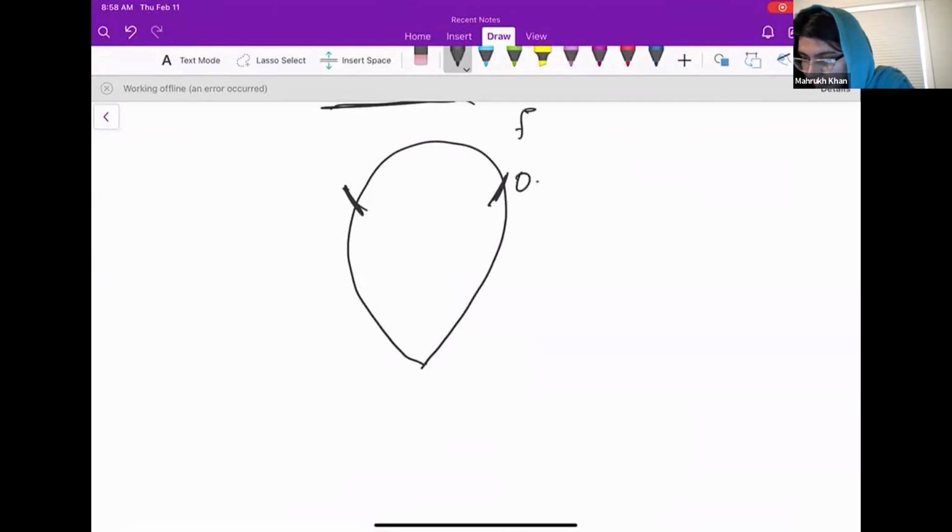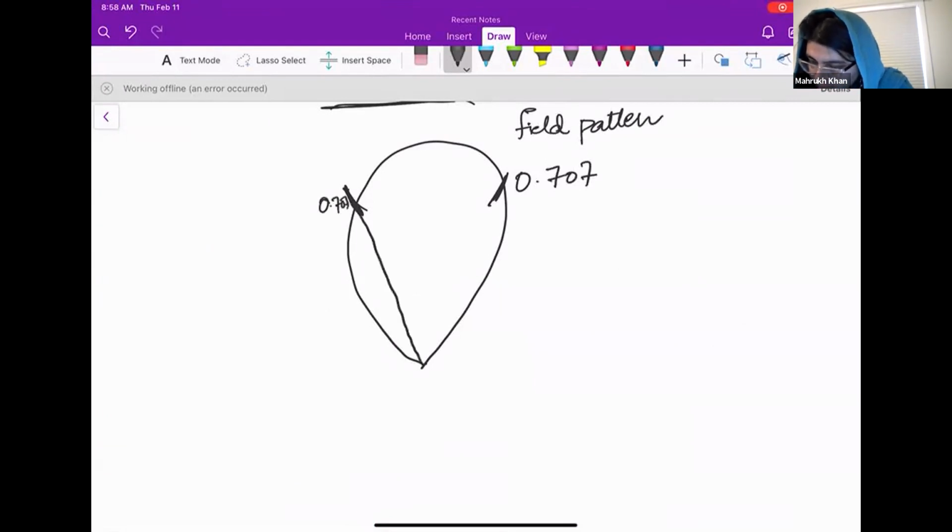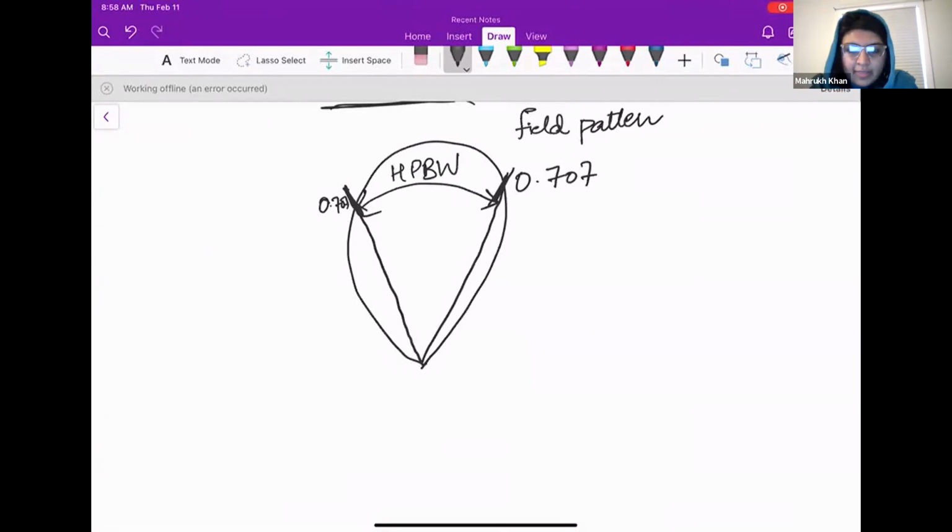In the field pattern, this is 0.707, and this is my half power beam width. In the design block, we saw that we can find the angles because it was on the polar plot, where you can see all the angles. So if this is 120 and this is 60, it becomes 60 degrees of half power beam width, right?